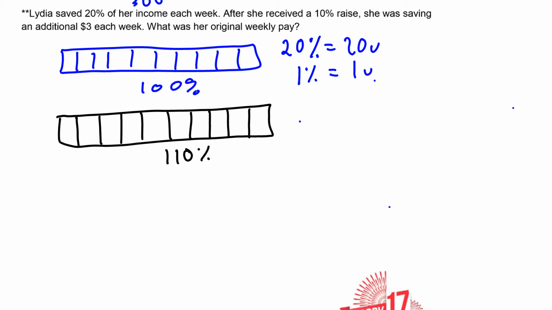All right, so now if we take 110 and divide it by 10, we discover that each of our unit bars is now worth 11%. Okay, so what is that telling us? That is telling us that 20 units are worth 22%.